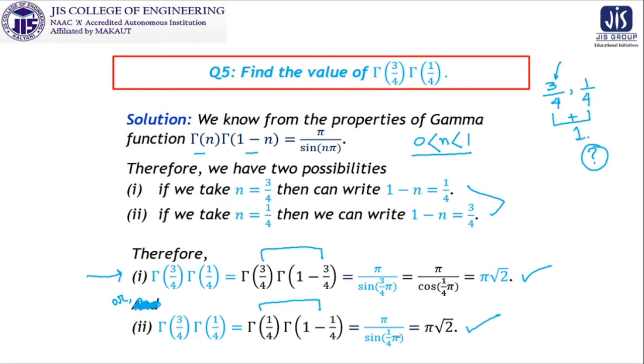So root 2 will go into the numerator and the value will be pi by root 2. So look at this. We need some basic trigonometry, and ultimately we are using the concept of gamma function and its properties.